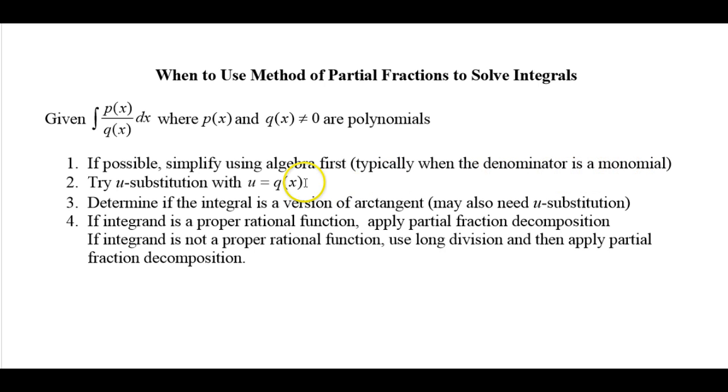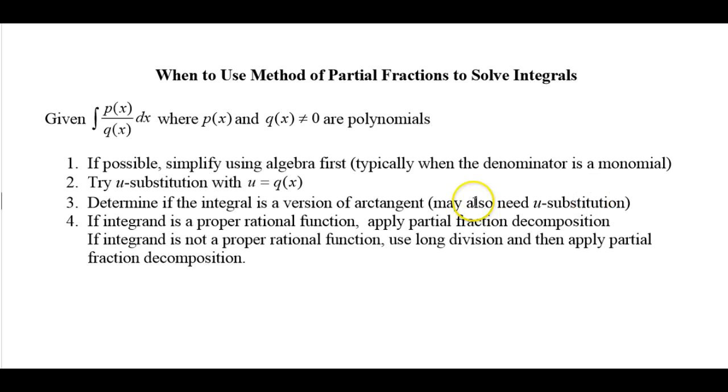If that doesn't apply, the next thing that we should try is u substitution, with u equal to the denominator of the rational function, or whatever that inside type of function is, if it's not just obviously the denominator. And if we can't apply u substitution, then we're going to determine if the integral is a version of the arctangent formula.